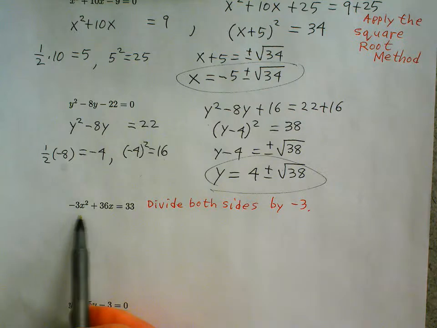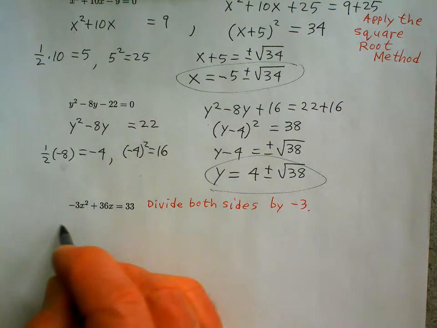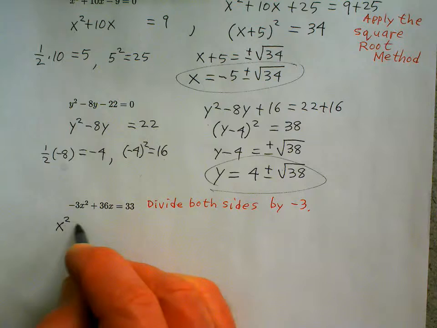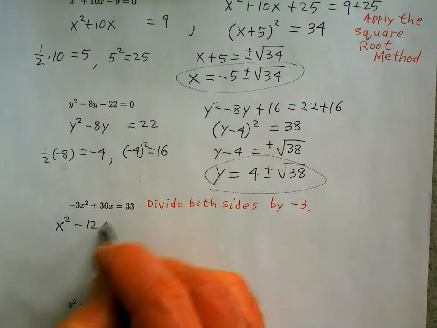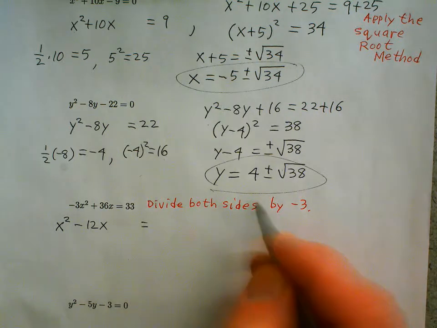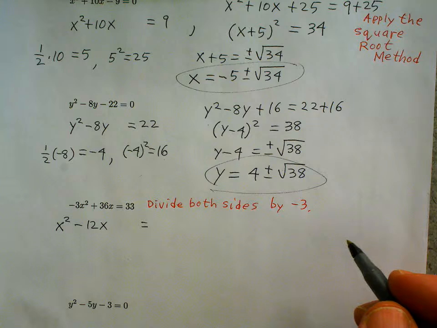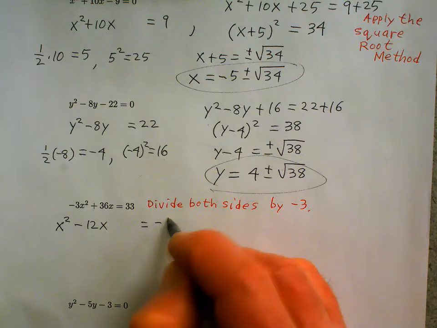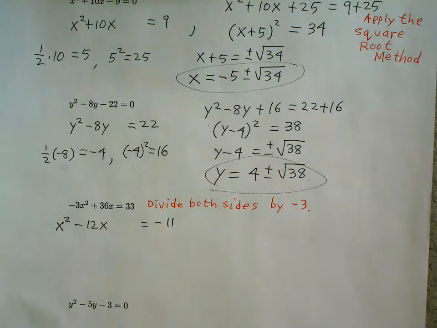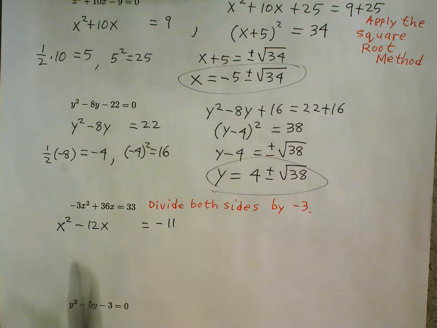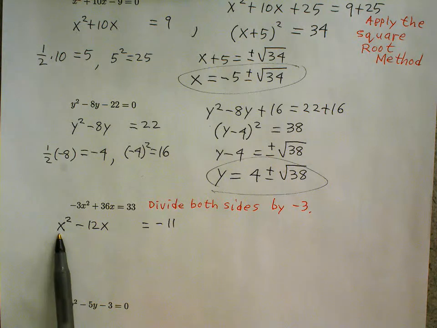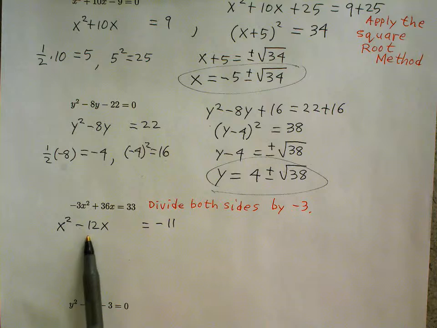Okay, when we divide both sides by negative 3, we get x to the second minus 12x. And on the right-hand side, 33 divided by negative 3 is negative 11. Okay, now that the coefficient of x squared is 1, we're going to create a perfect square trinomial.